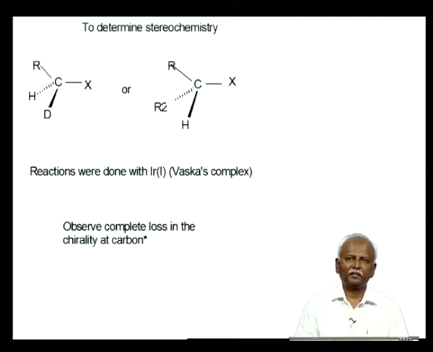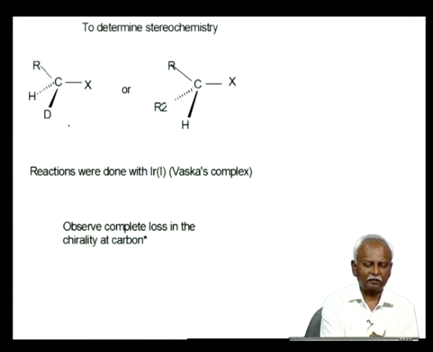Then if X is a halogen, then you can have a Walden inversion at X, and let us say the Vaska's complex undergoes a reaction with this species. You would end up with, at the end of the reaction, a Walden inversion, and the product should have been, in this instance, let us write this out.